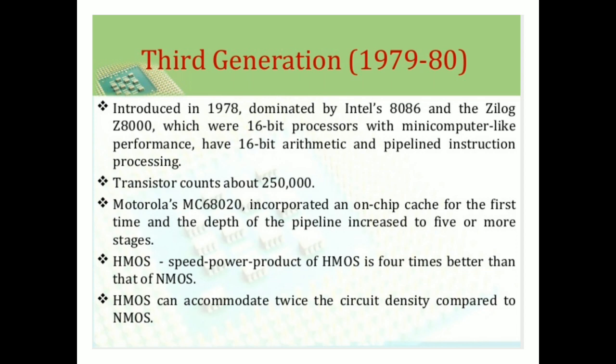HMOS provides some advantages over NMOS. Its speed-power product is 4 times better than that of NMOS, and it can accommodate twice the circuit density of NMOS.